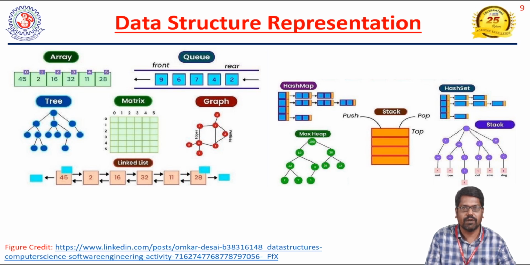So if you perform a removal operation, the first element we added is removed from the queue first. That's why it is called FIFO, first in, first out. But coming to the stack, a stack is also called LIFO, last in, first out. In the case of a stack, whatever element we add last is the element we remove first. That's why it is called last in, first out.